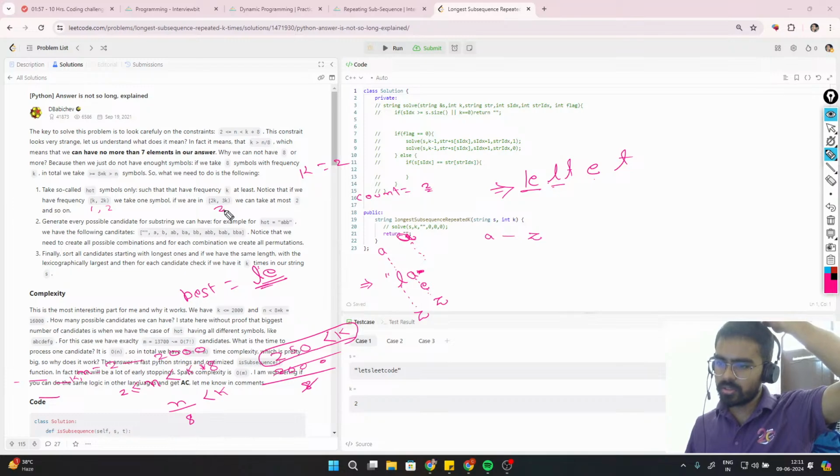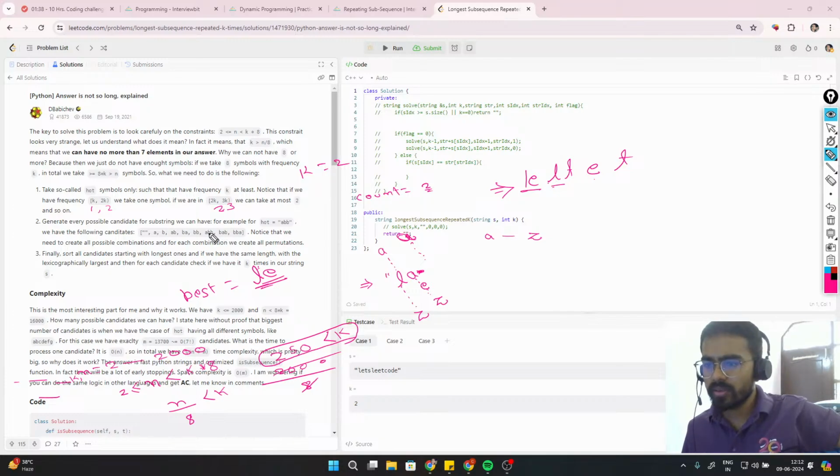If we are in 2 to 3, we can take at most 2 symbols. For the substring we can have, for example, A, B, B. We have the following candidates A, B. We need to create all possible combinations, and for each combination we create all permutations. Then we only sort all the candidates.